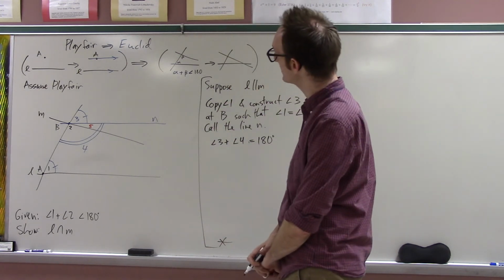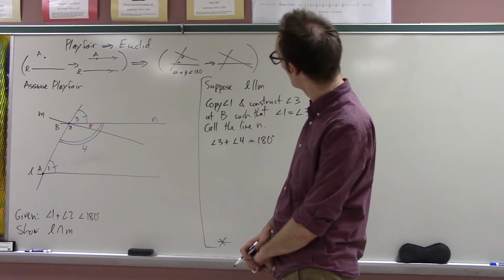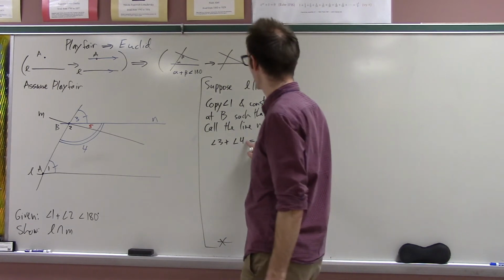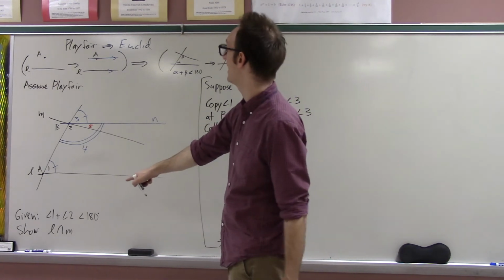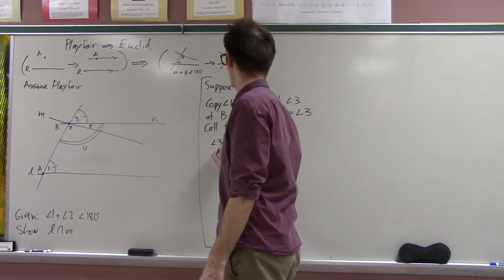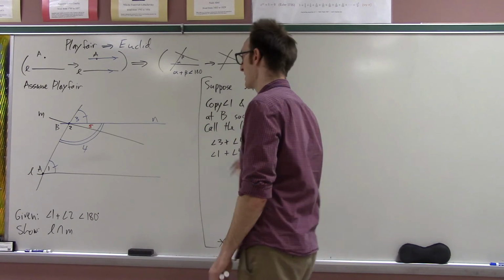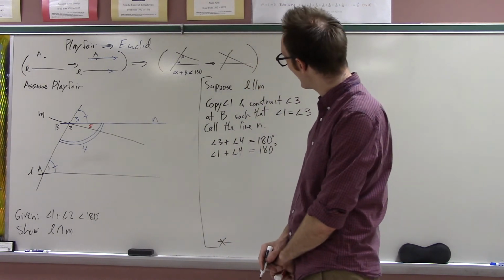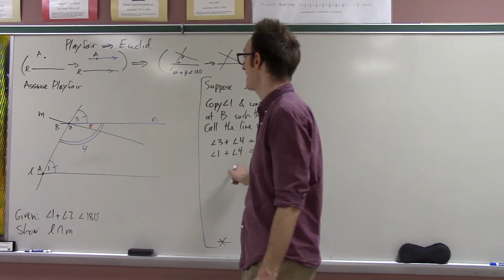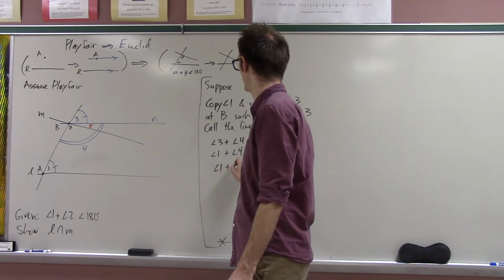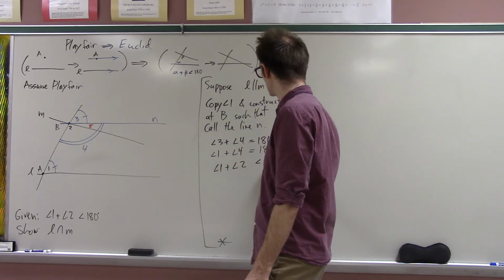But also, since 1 equals 3, angle 1 plus angle 4 is 180. And I also know that angle 1 plus angle 2 is less than 180.